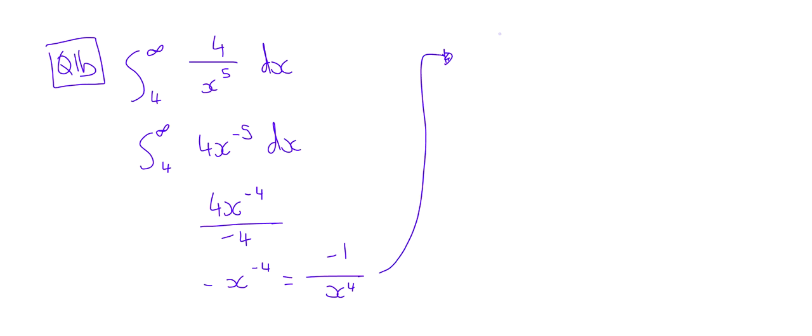I'm starting with infinity, so I'm just going to use m instead of my infinity sign. So then I'm going to have -1 over m to the power of 4 minus -1 over 4 to the power of 4.